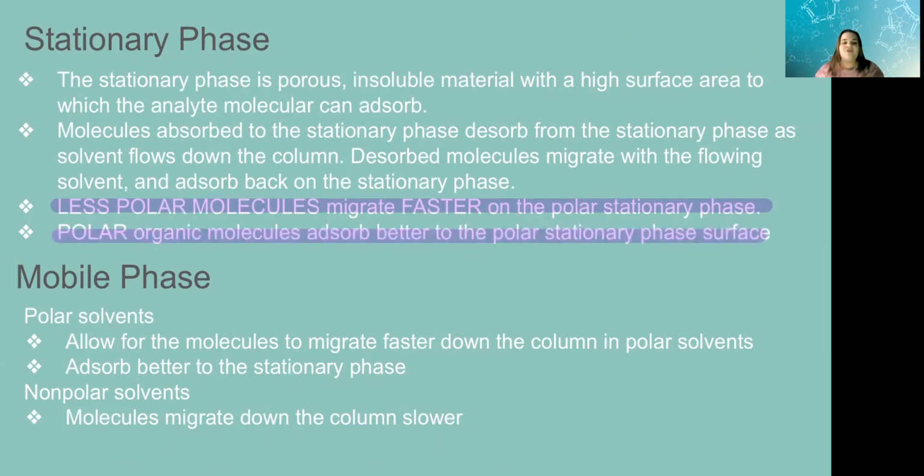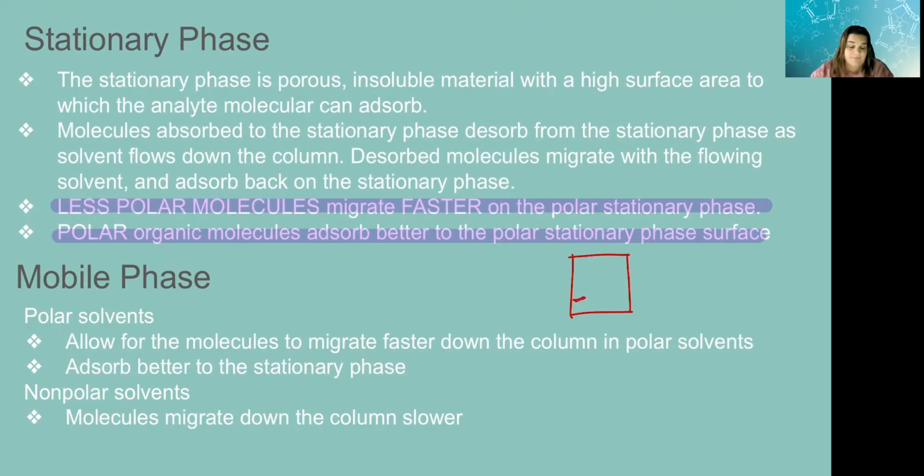Okay, then you have the mobile phase. Now, the mobile phase works completely different than the stationary phase. You can have a polar solvent and a non-polar solvent. So here's the idea, all right? You have a TLC plate, you have your origin, you got your little tick mark.